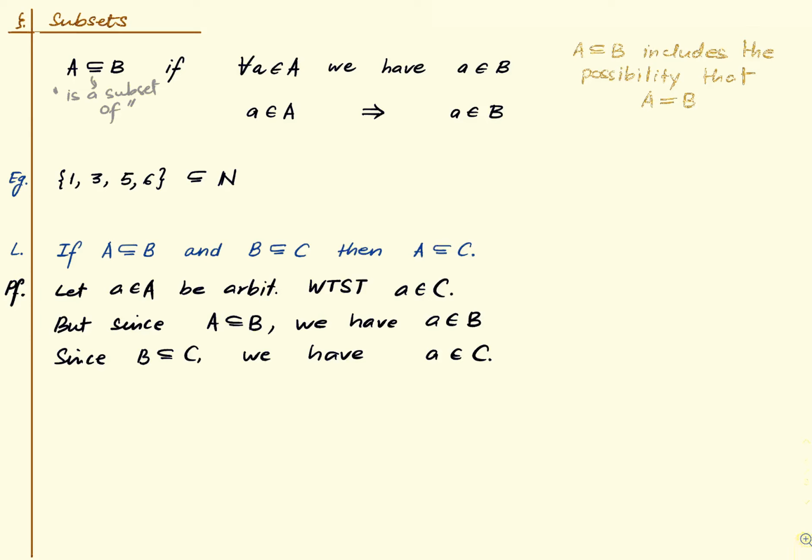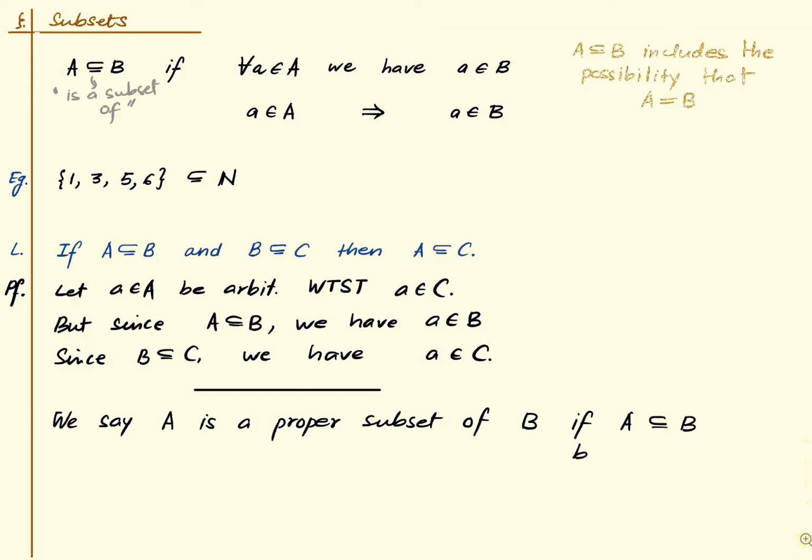Okay. And let me also introduce the notion of proper subset. We say A is a proper subset of B if A is a subset of B and A is not equal to B. So there is something in B which is not in A, but everything in A is in B. That's what it means to say that A is a proper subset of B. And when A is a proper subset of B, we write this and then slash it out and write B. So this just emphasizes that A is not equal to B, but still it is contained.